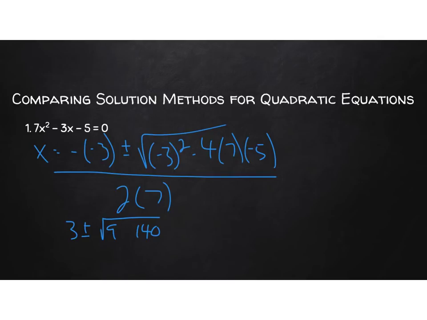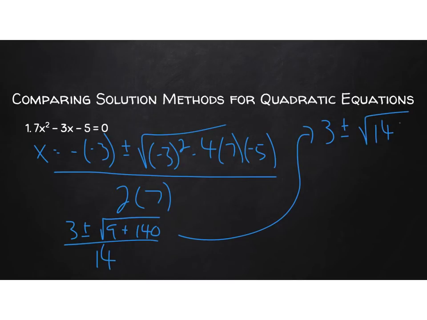And then we have two negatives, which makes it positive, and then 2 times 7 is 14. And then combining inside the radical, you get 3 plus or minus the square root of 149 all over 14.